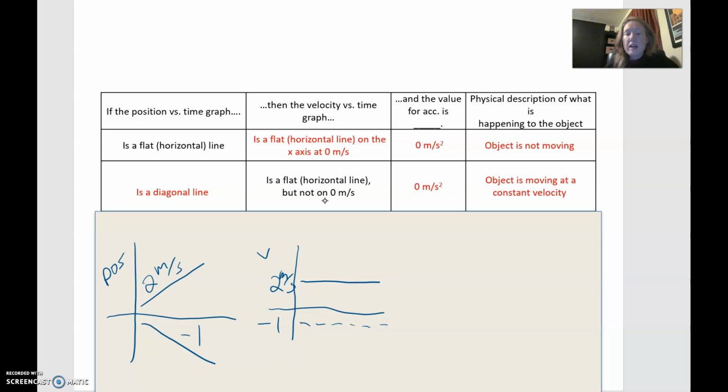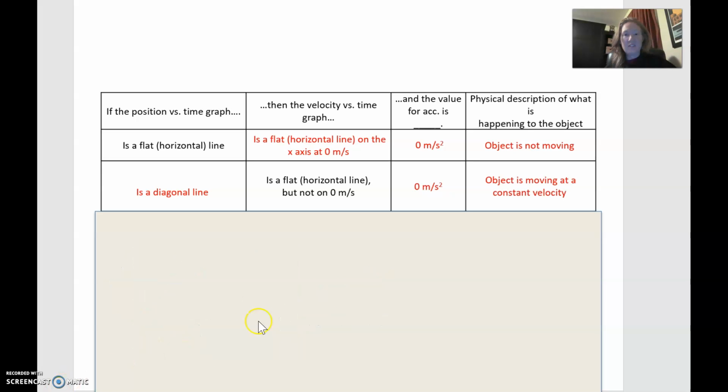Okay, but then when you do the slope of this graph to get the acceleration, well, it's not accelerating. It's not changing velocity, so it just has 0 acceleration still. It's moving at a constant velocity. Let me pause and erase that.